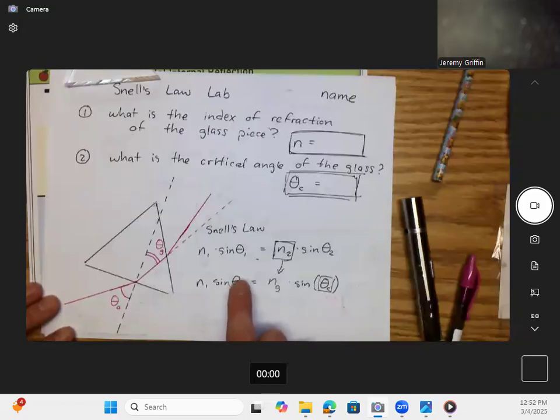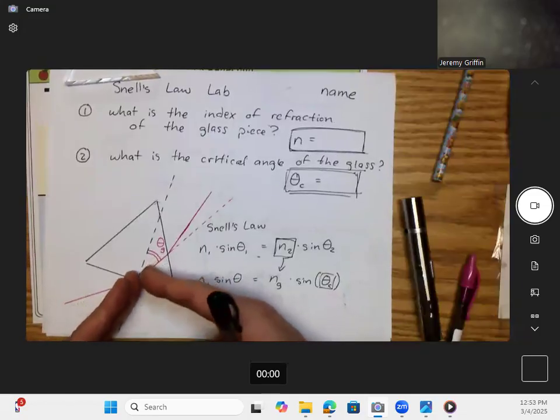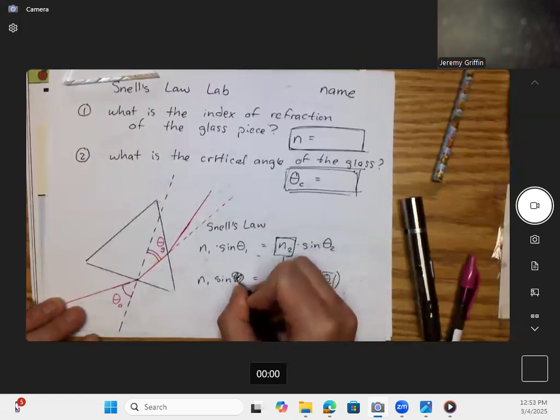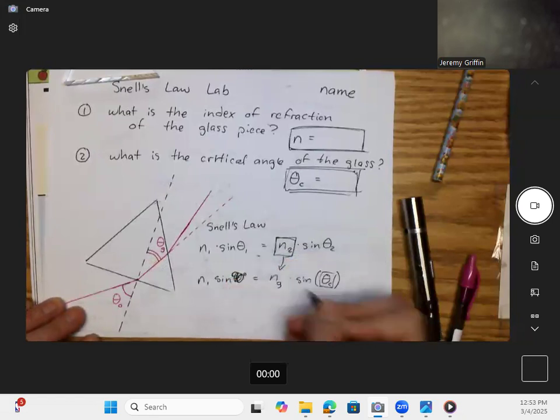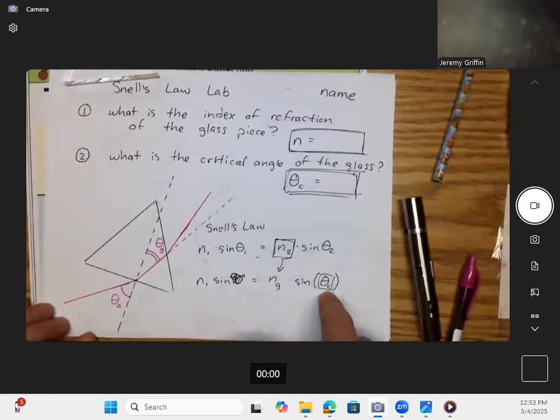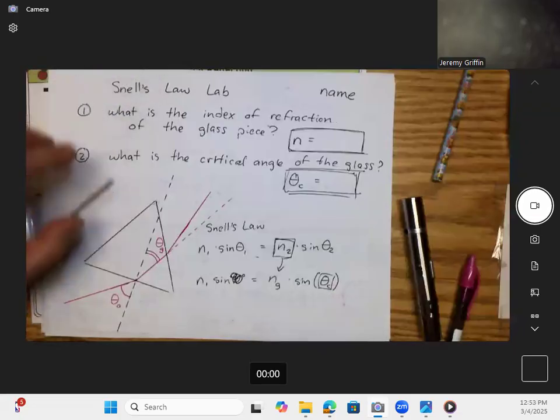Theta air should be what? What's this angle right here? 90 degrees. If you plug in 90 degrees on the side of the air, then the corresponding angle on the side of the glass is the critical angle. And what's the very last algebra step to extract this angle? You have to apply a what? Inverse sine. Okay, so I think you guys got it all right there.